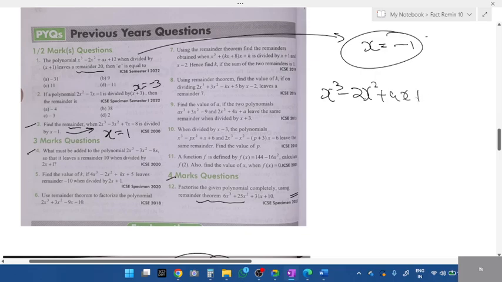Plus ax. What's the remainder? 0 or 20? What will be the remainder? Remainder is 20. Solve this, substitute and solve it. Remainder is 20.